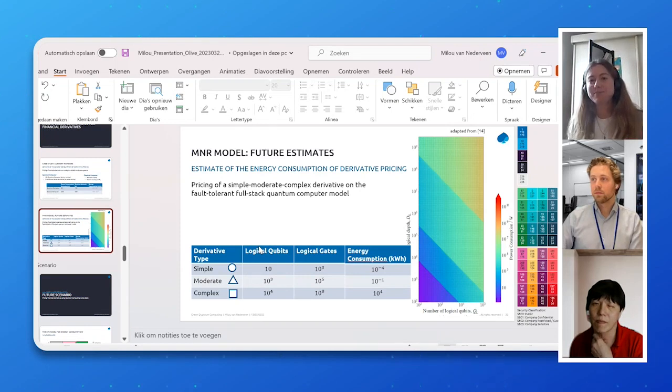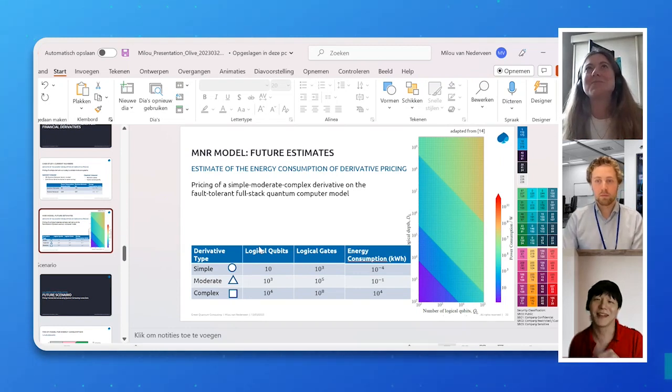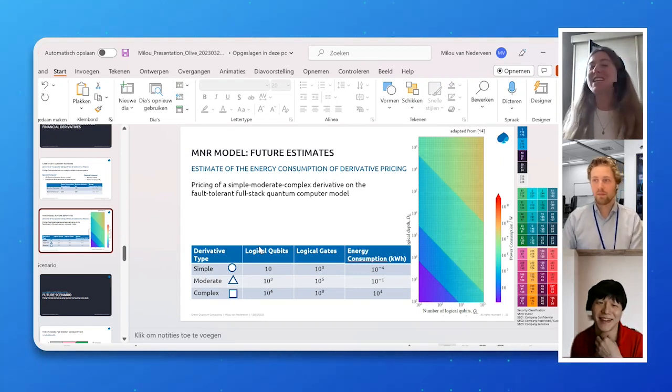So this whole model that's being used here reduces the resource requirements for a specific performance. So this could be fidelity, and then you look really at the quantum level. But in this case it's accuracy, and I'm not sure which percentage they use.